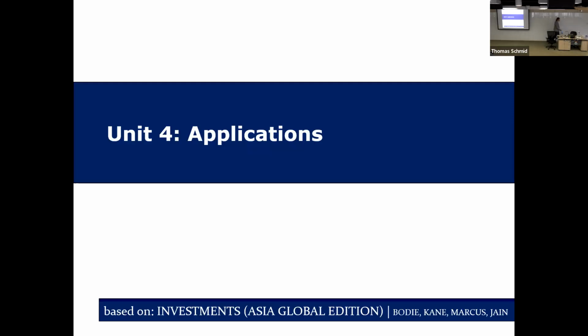Good. Then we can start with the topic for today. Obviously the topic for today, Unit 4, will not be relevant for the midterm anymore. Unit 4 is called Applications, and the first chapter in Unit 4 is Equity Valuation. I have to explain a bit why we talk about equity valuation now. Logically, in terms of the internal consistency of the topics, it would be more accurate, honestly, to talk about capital market equilibrium now.